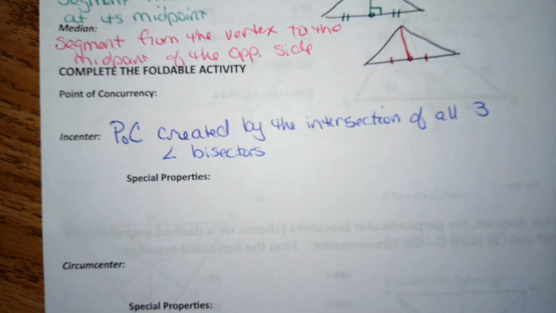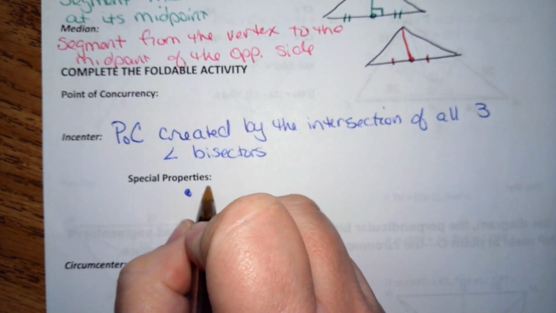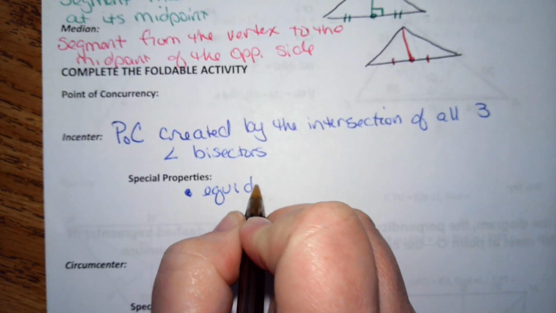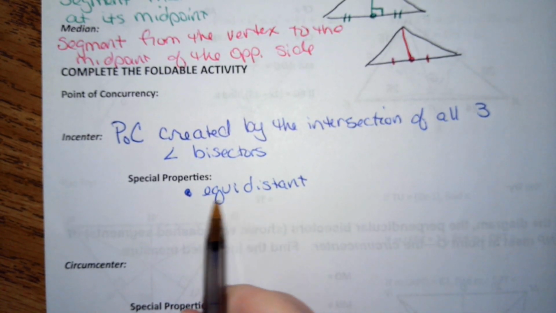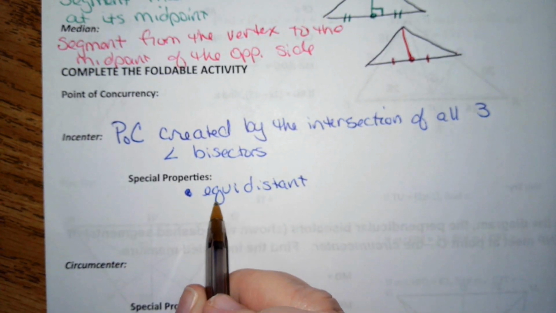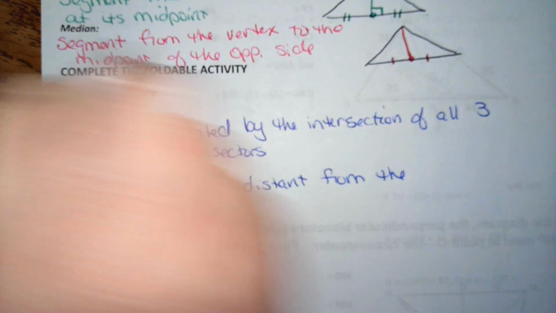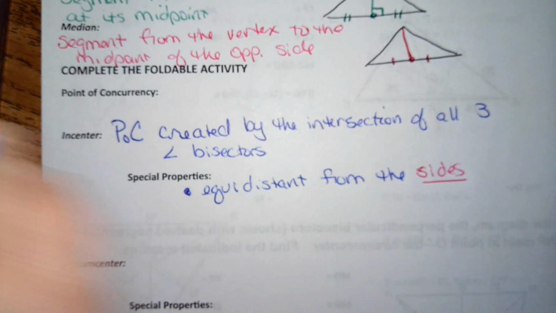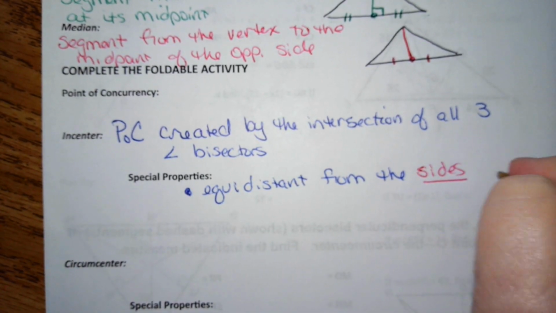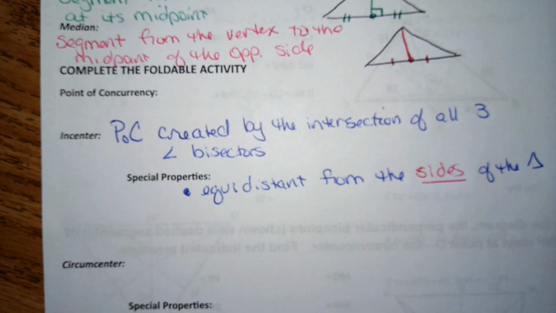All right, it has 2 special properties. The first one is that it's equidistant. So what does the prefix equi mean? The same, they're equal. So it's the same distance from the sides of the triangle.